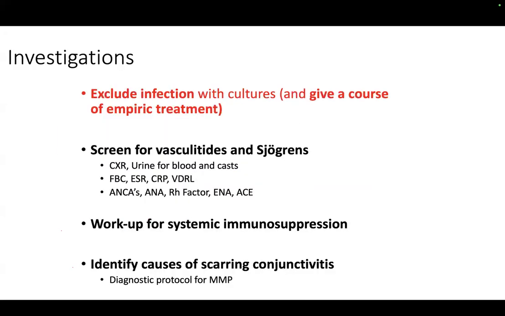So as I say, we exclude infection as the main thing you really want to think about. And then we screen for these various possible causes, and then work them up for systemic immunosuppression at the same time. So you've got a whole package of measures in place that allow you to manage the disease appropriately.